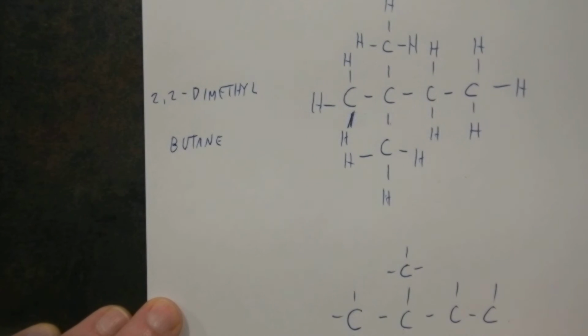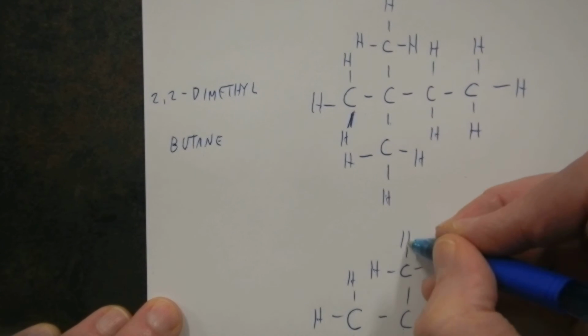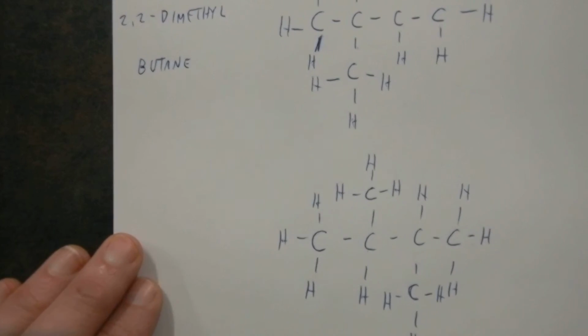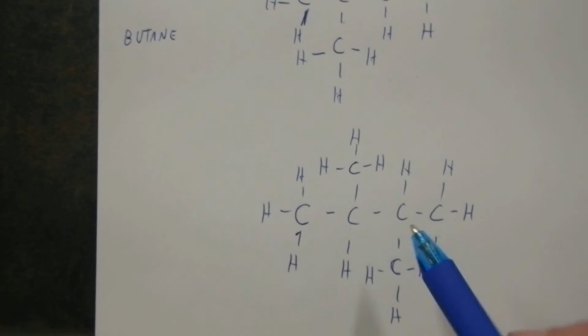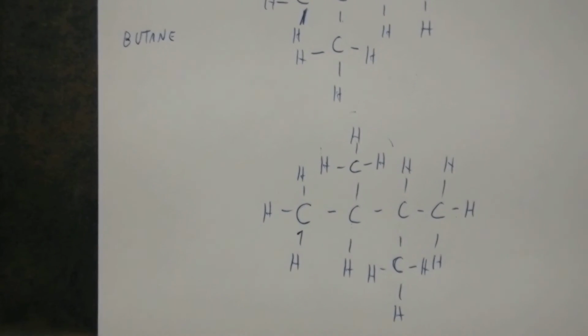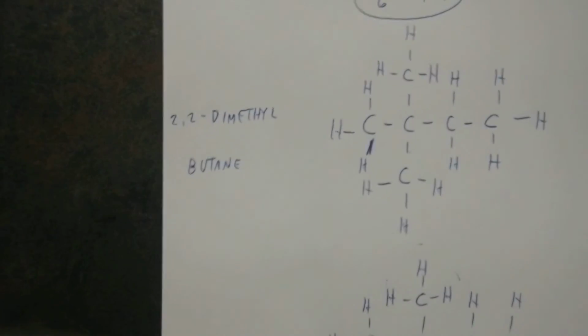And now we go on a hydrogen feeding frenzy. So there's our 6 carbons, there's our CH3, and if we add them all up, we get our 14 hydrogens. We have to have 14 hydrogens because we have to have this same molecular formula.